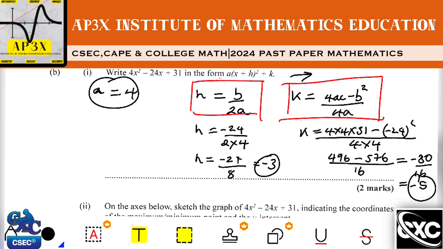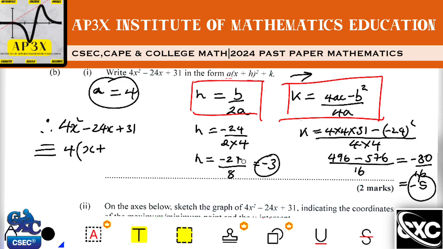All right, so we have our value of a, we have our value of h, and we have our value of k. We can therefore draw a conclusion that 4x squared minus 24x plus 31 is exactly identical to a, which is 4, open bracket, x plus h.